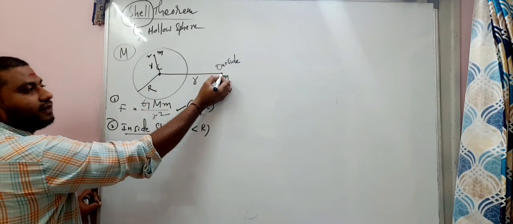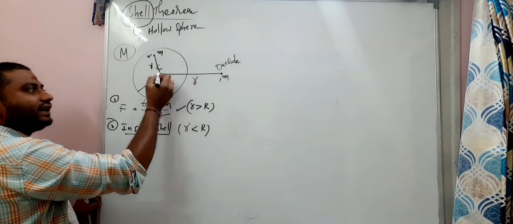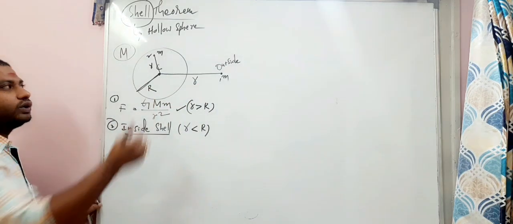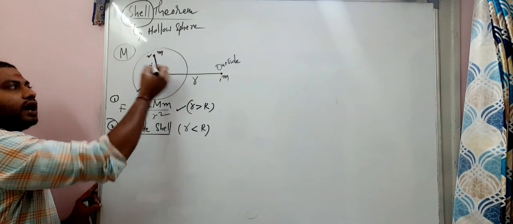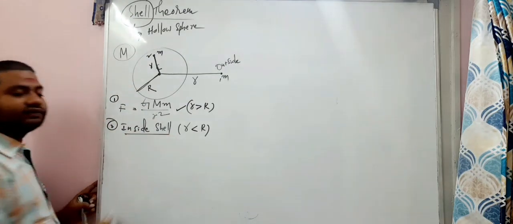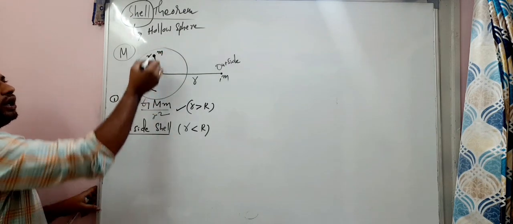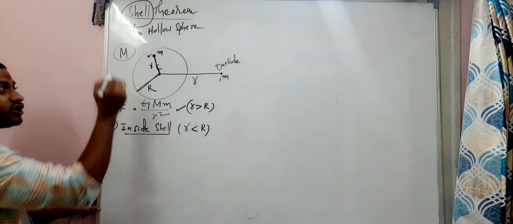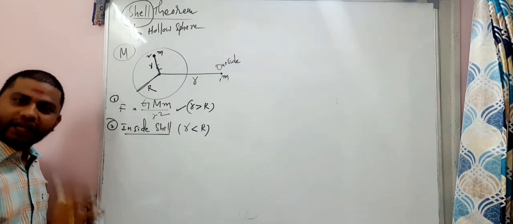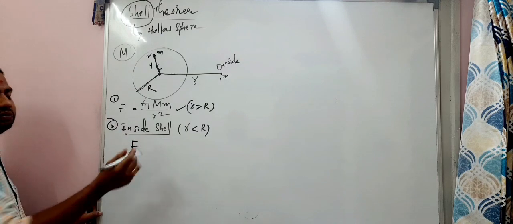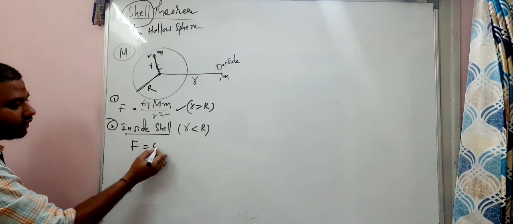In the first case, our r is greater than the radius of the shell. In the second case, this is our small r, which is lesser than the radius of the shell. In this case, at any point inside the shell, if the small mass m is kept, then the force of interaction between the shell and the small mass becomes zero.